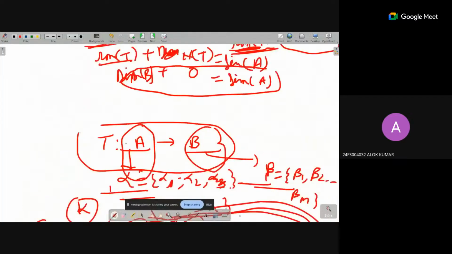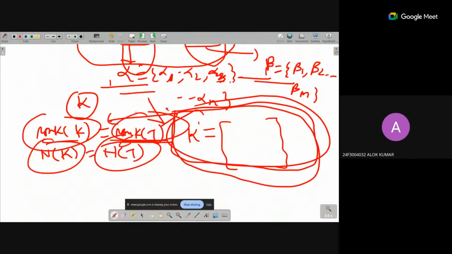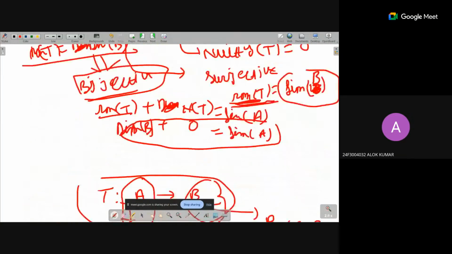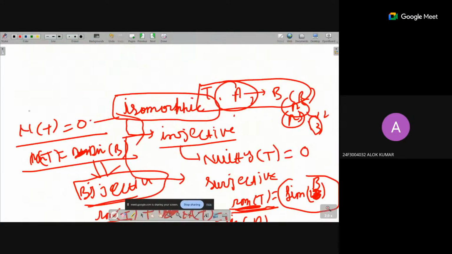So where was I? So this is this part. I am just saying that if the function is to be injective, then the nullity of T must be 0, and if the function is to be surjective, then the rank of T will be the dimension of the codomain. Is this part clear or not?